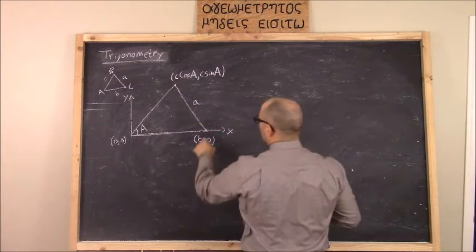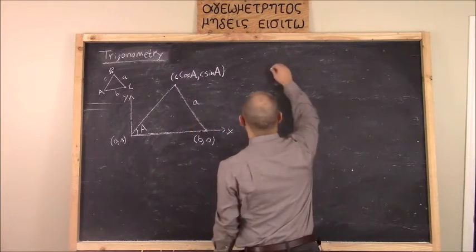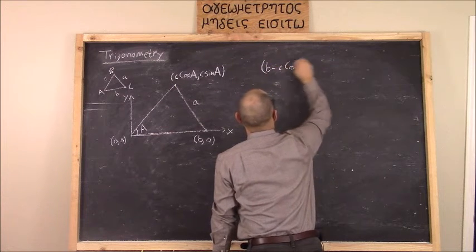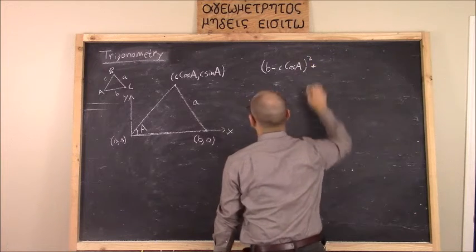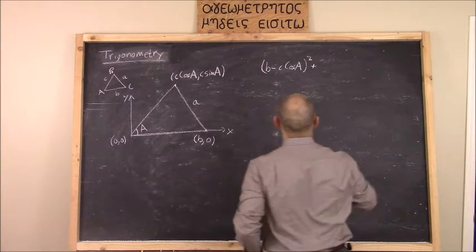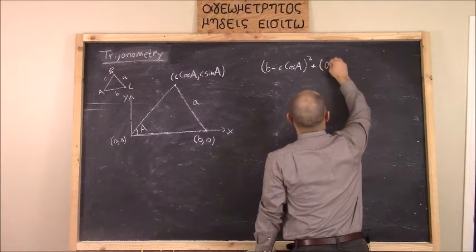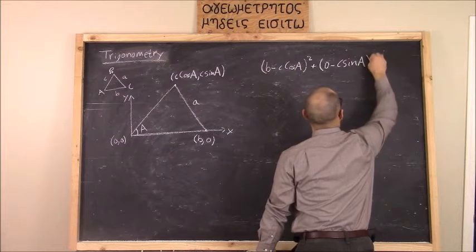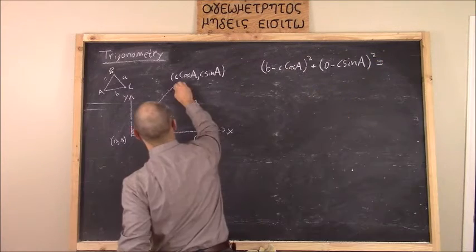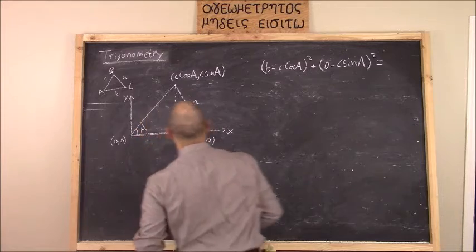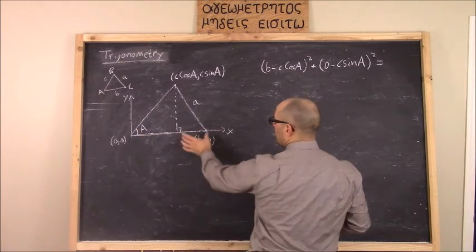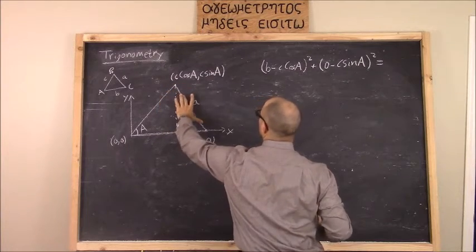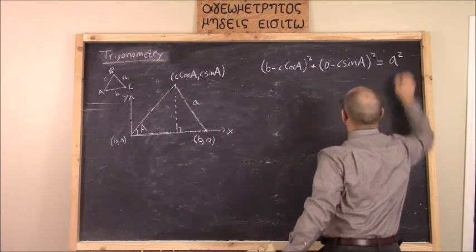So to do that, x2 minus x1 squared, b minus c cosine A, quantity squared, plus y2 minus y1 squared, 0 minus c sine A, quantity squared. So of a right triangle, we have this leg squared plus this leg squared is equal to hypotenuse a squared.